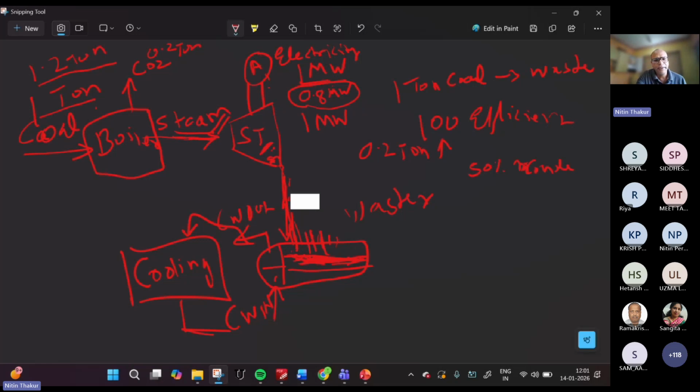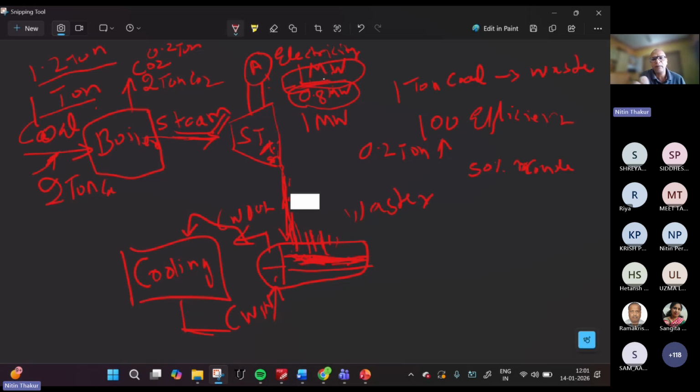Guess what? The steam turbine will again have more back pressure. It will produce less electricity, which is again unacceptable. So the plant operator will just end up increasing the coal to almost 2 tons of coal. So this 2 tons will now relate to emission of 2 tons of CO2, but there will be 1 megawatt.